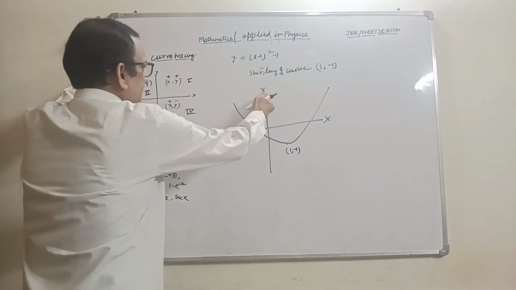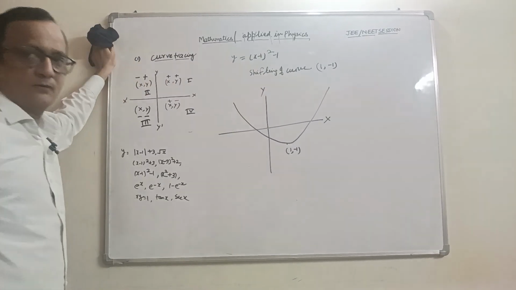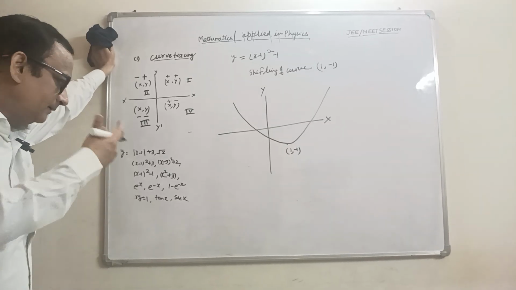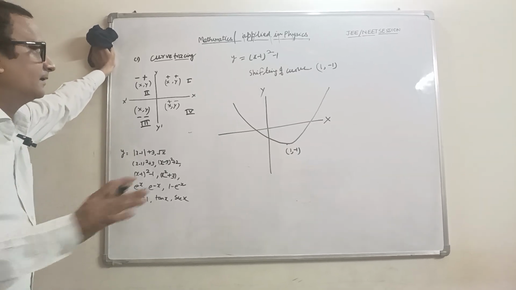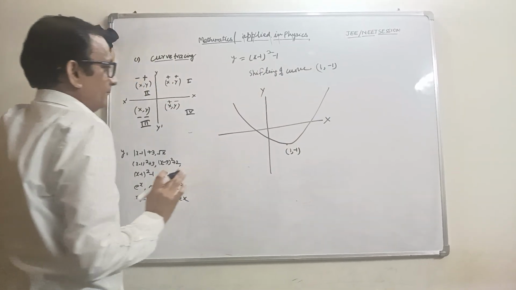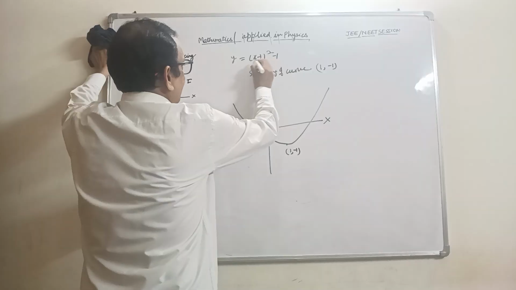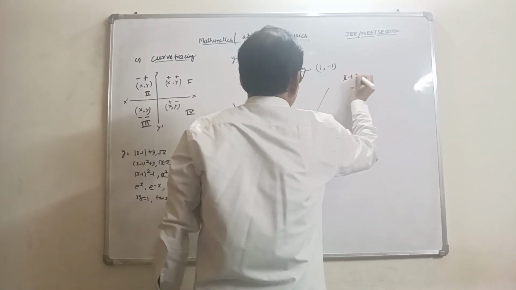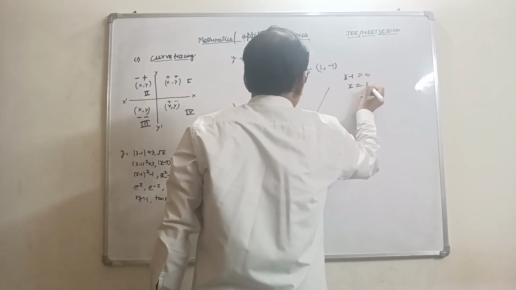You have to see here the concept of shifting of a graph. Graph drawing is not difficult, but you have to understand the shifting concept here. Here x minus 1 would be 0, so the shifting would be 1.